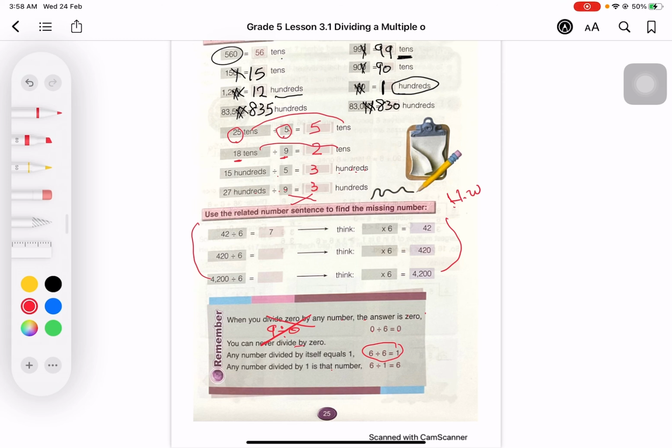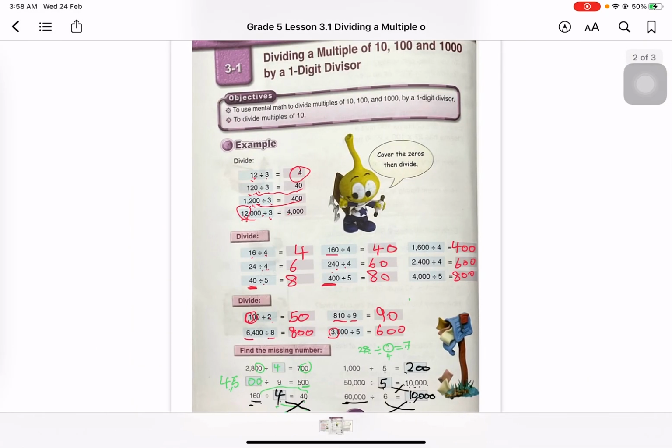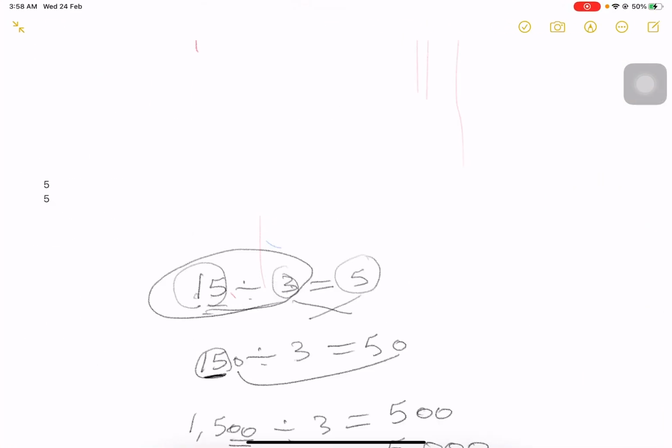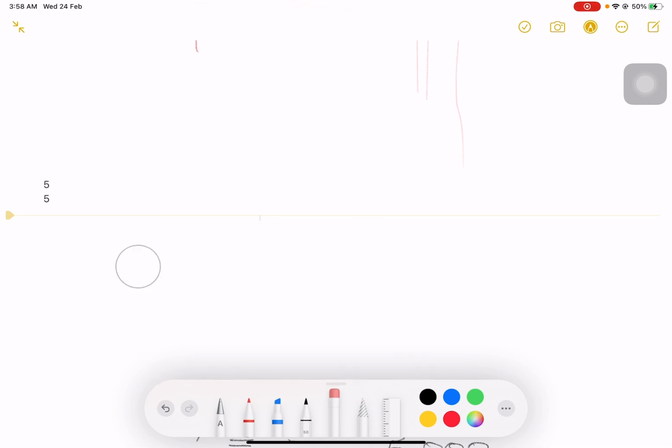So let's remember again. First, you have this part from page 25, the second part of page 25, homework for you, grade 5. And I want you to remember that you need to remember these things in your mind, okay?